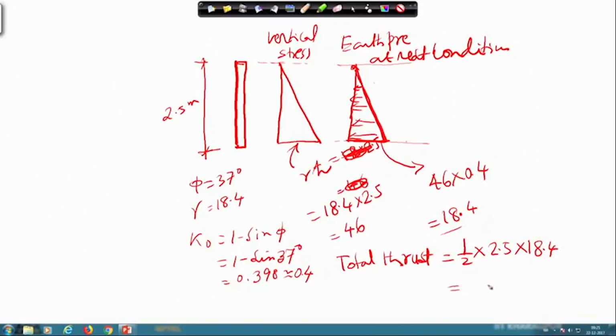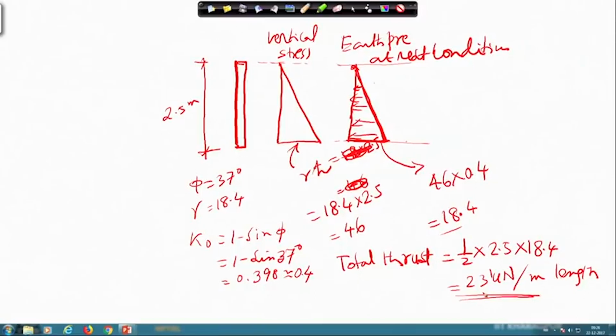So, this gives you ultimately 23 kilonewton per meter length, of course per meter length, because the wall I have shown only in 2 dimensions, but the wall will be extended perpendicular to the board. So, 3 dimensional. So, I am taking, suppose, 1 unit width. So, for that it will be 23 kilonewton load acting on the wall.